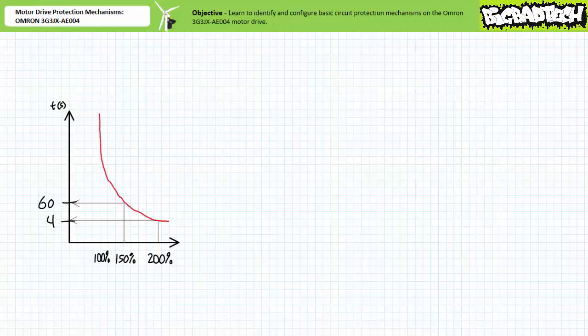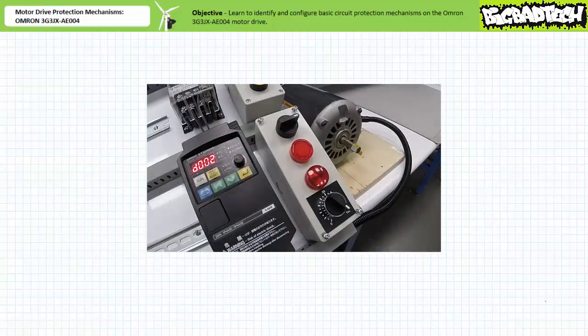Let's examine the overload behavior of the Omron 3G3JX-AE004 motor drive. First, we need to establish some baseline current data. With parameter D002, output current monitor, being displayed, when an operator presses run, during acceleration, current kind of peaks out around 1.7-ish amps.